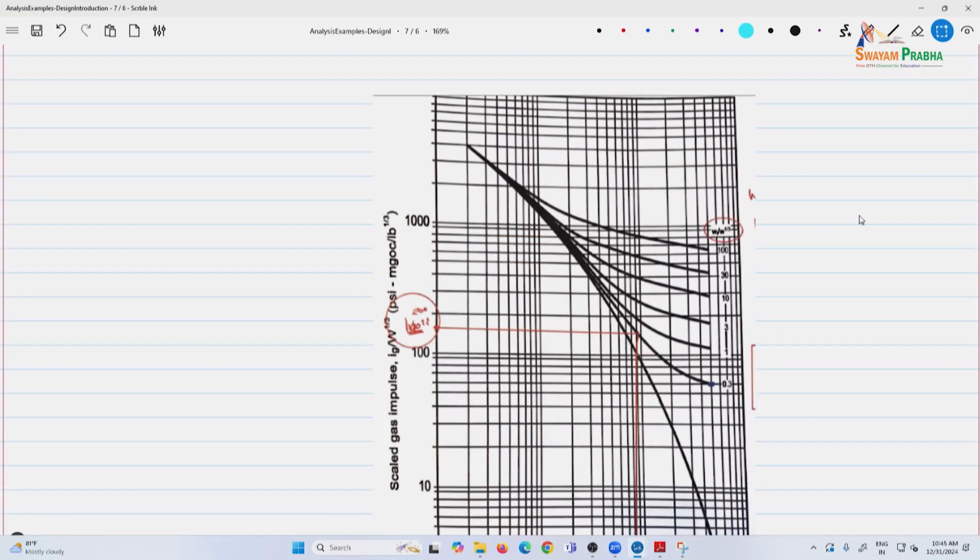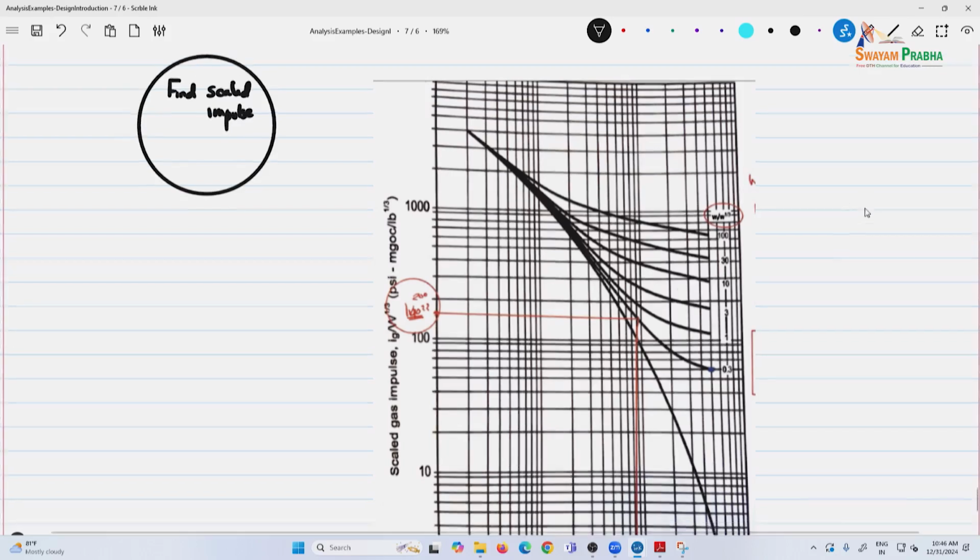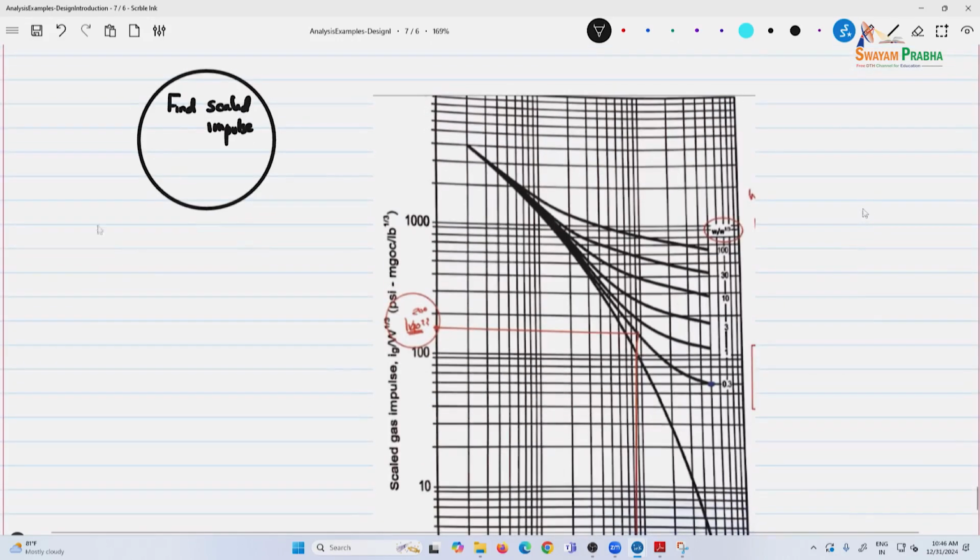So here the steps are, now we are finding the scaled impulse. We found this gas pressure, here where we are finding the scaled impulse. To find the scaled impulse, the steps are, first step A is we find the area of the vent divided by Vf in feet cube.